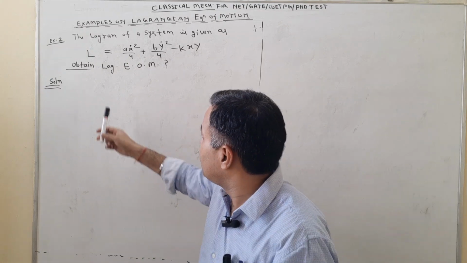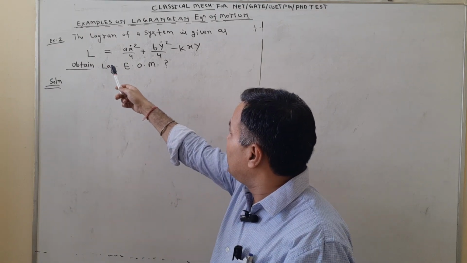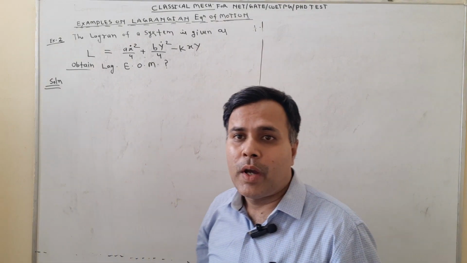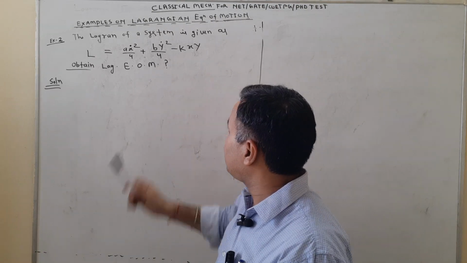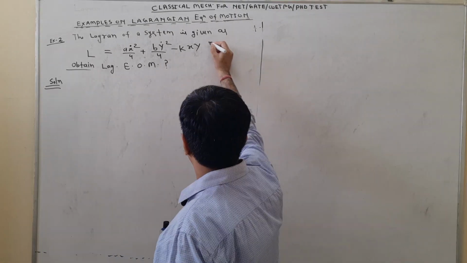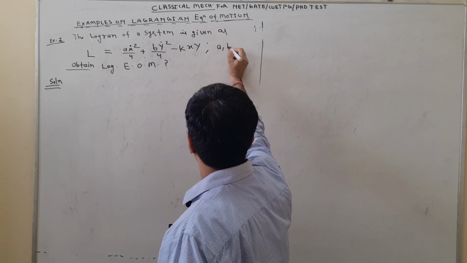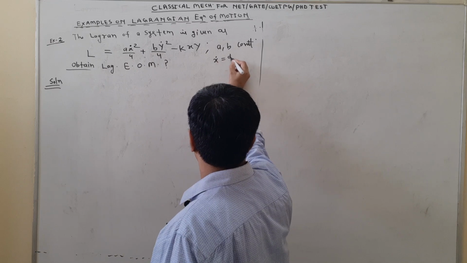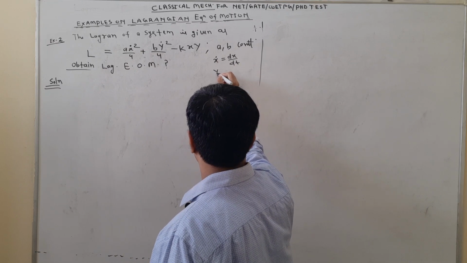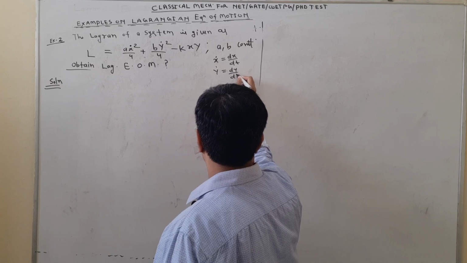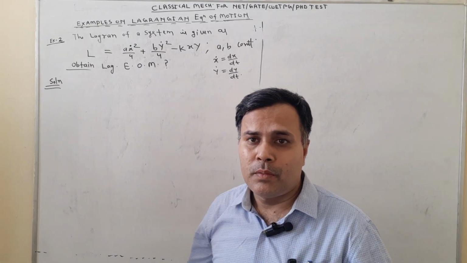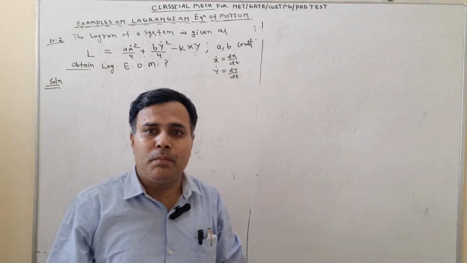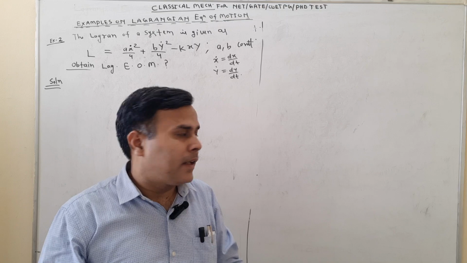In this example we have a Lagrangian L equal to a x dot square by 4 plus b y dot square by 4 minus kxy, where a, b and k are constants, x dot is simply dx by dt and y dot is simply dy by dt, meaning velocity along the x and y directions. Now we have to set up the Lagrangian equation of motion corresponding to this Lagrangian.